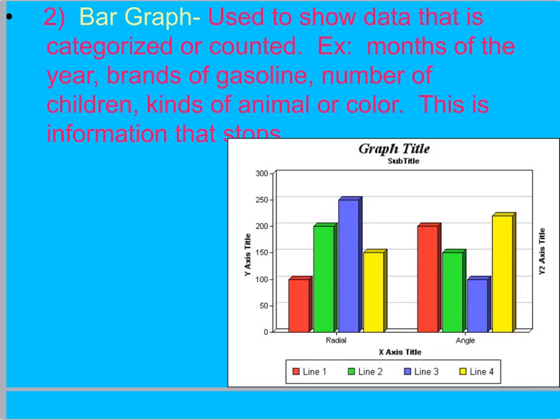So for bar graphs, one example would be if I group people by 9th grade, 10th grade, 11th grade, 12th grade. I could ask, how many people does Miss Bell teach? Well, this semester, I'm going to have a high number of 9th graders and 10th graders and very few 11th graders and no 12th graders.